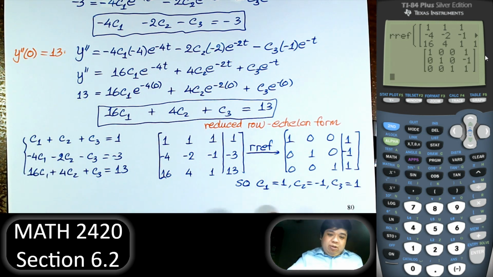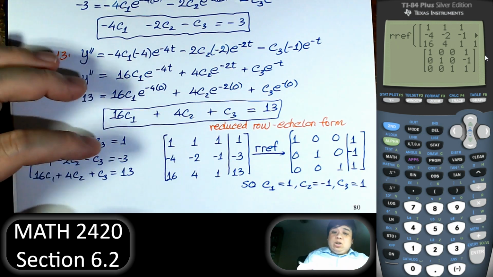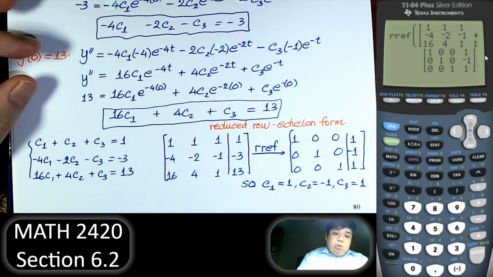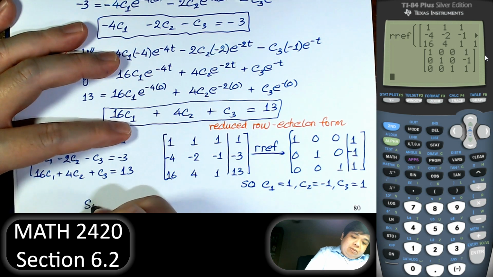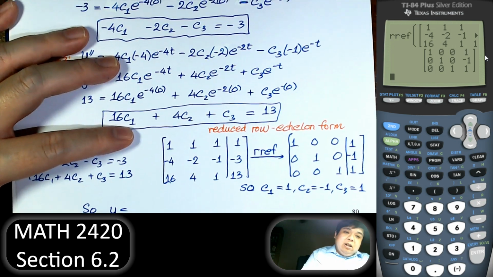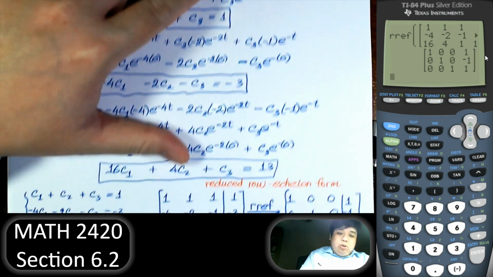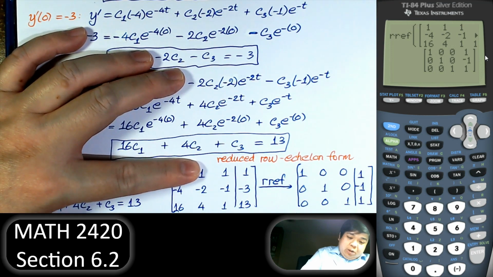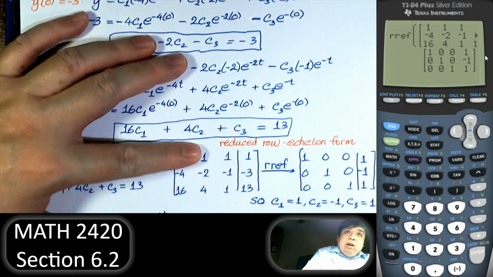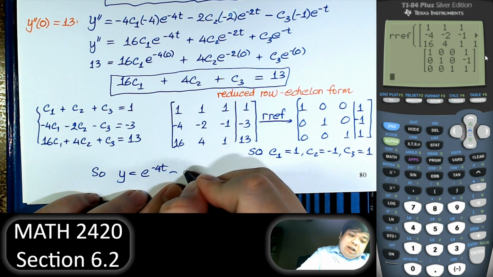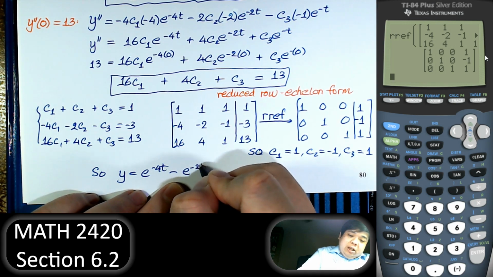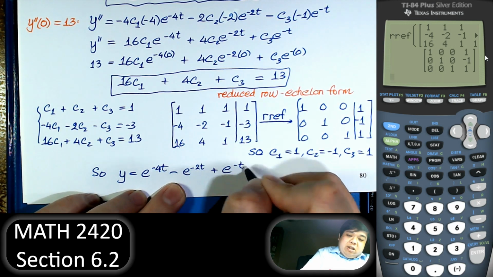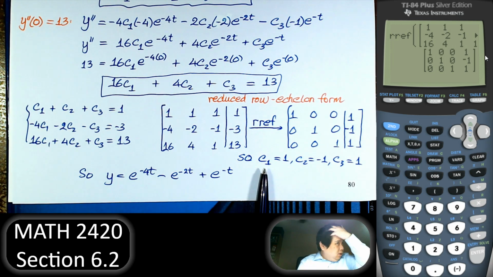That's what we have, c1, c2, c3. So with that, we can say the solution is e to the -4t minus e to the -2t plus e to the -t. Right, so that's what we have.